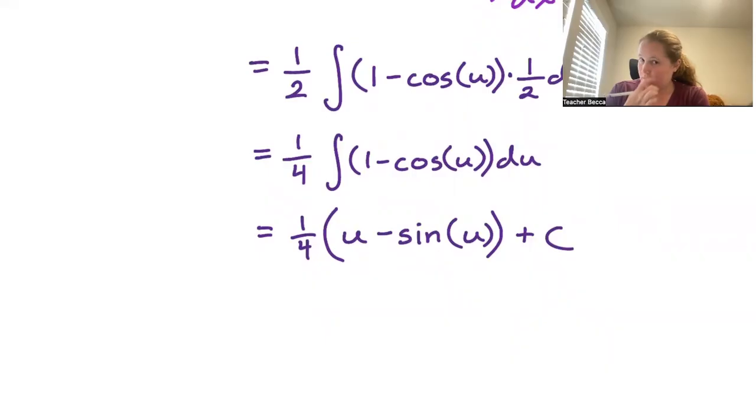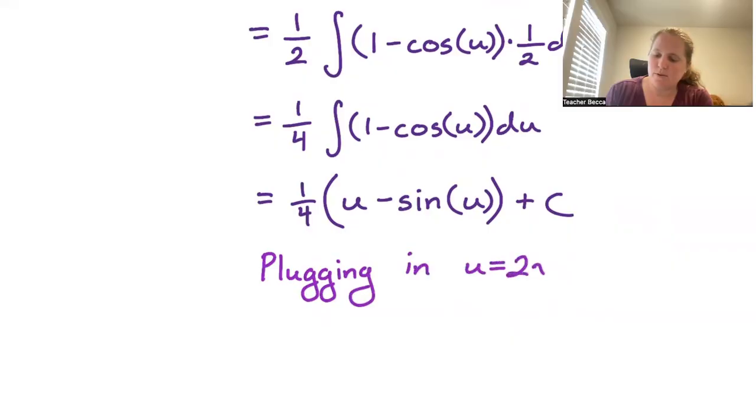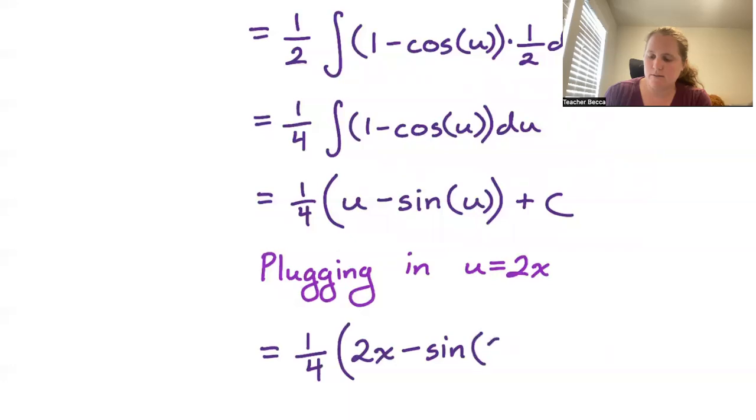Plugging back in our 2x, so u is equal to 2x, we wind up with 1/4 times 2x minus sine of 2x, 1/4 multiplying that entire thing, and then plus c.